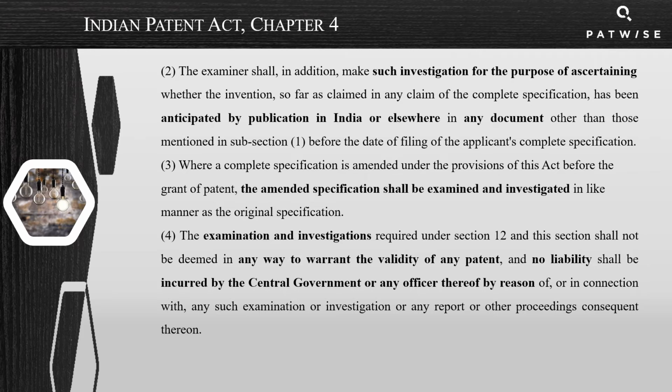Subsection 13.1 A and B was looking at publication within Indian documents, whereas subsection 13.2 says one more search where he not just looks at Indian patents published or claimed, he also has to look at any other patent documents or non-patent documents like journal literature, wherein the publication date is earlier than the date of filing of the patent application in question.